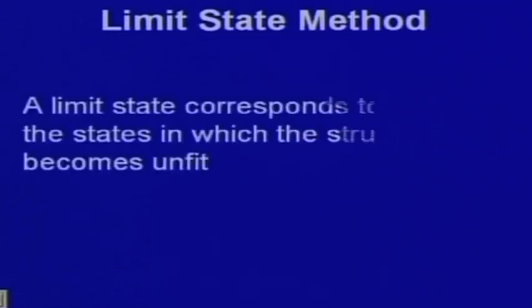So, coming to the final one, which we are going to study in this particular course, that is the limit state method. A limit state corresponds to each of the states in which the structure becomes unfit.